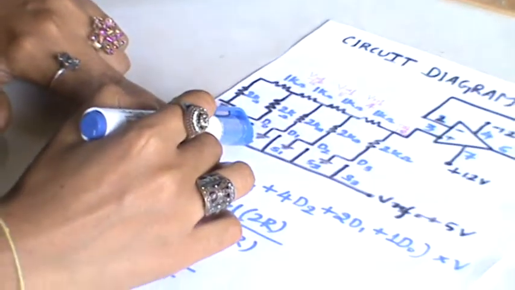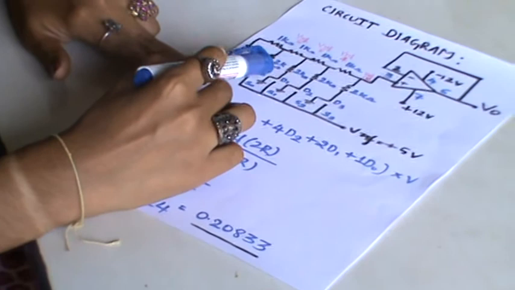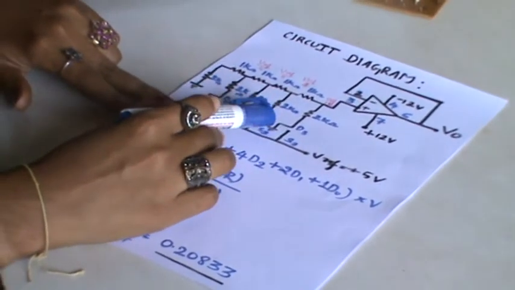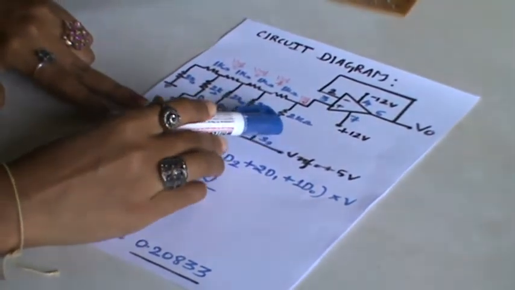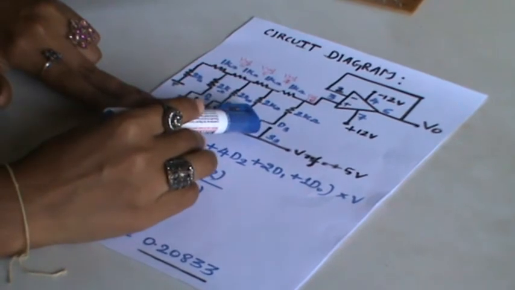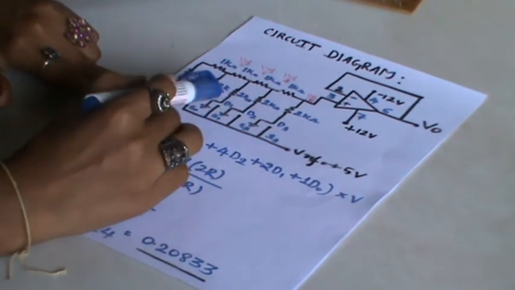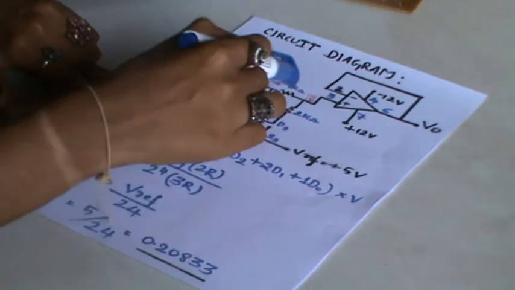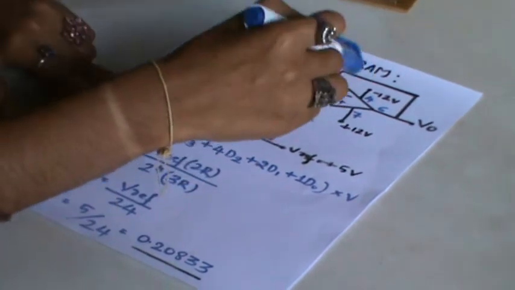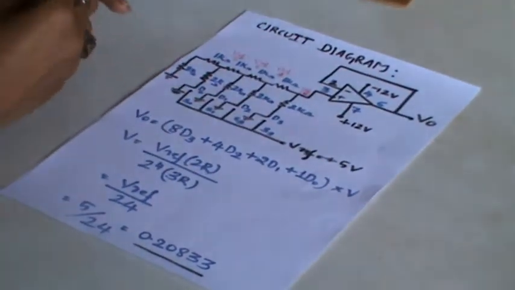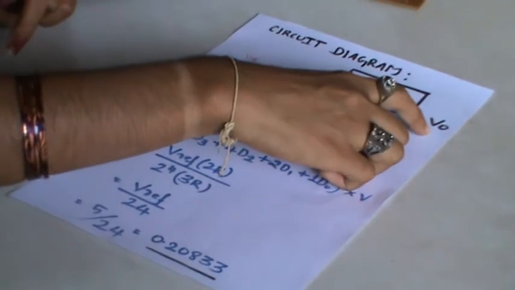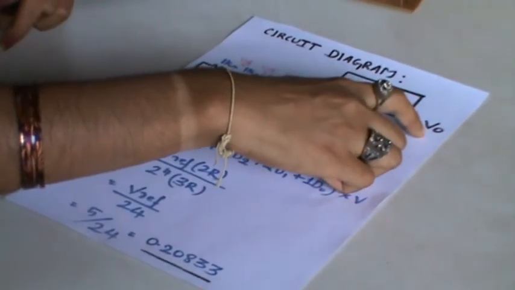The digital data are D0, D1, D2 as well as D3. These digital inputs act as a binary value given to this circuit, whereas the analog value is obtained at V0, which is the analog quantity.